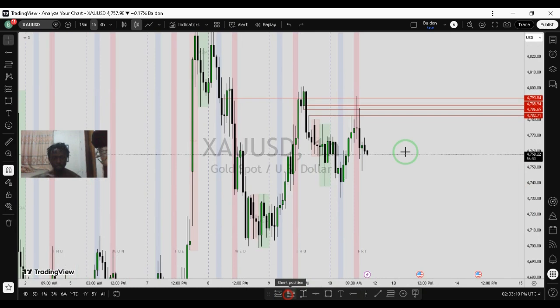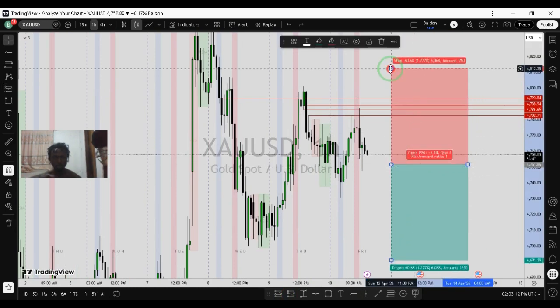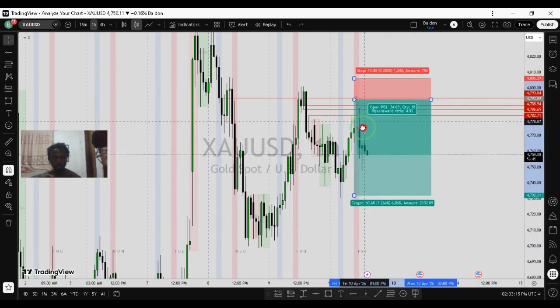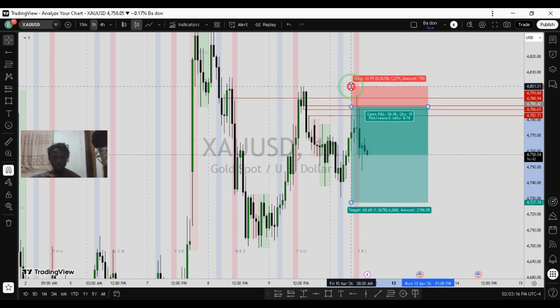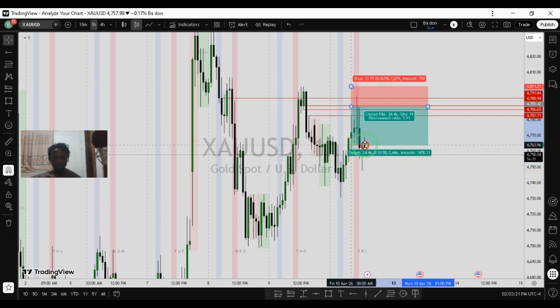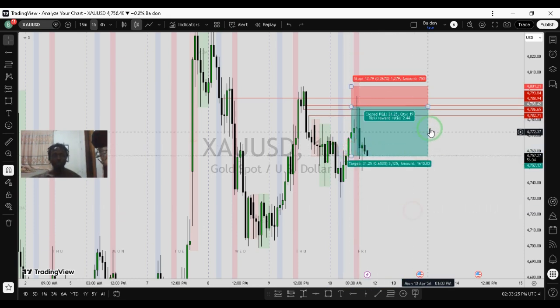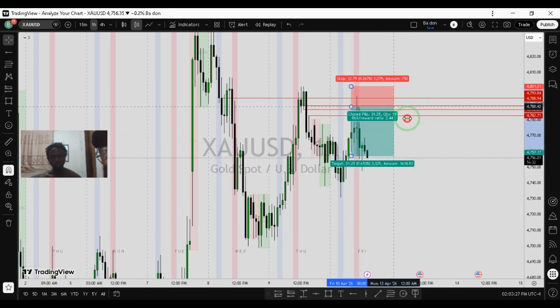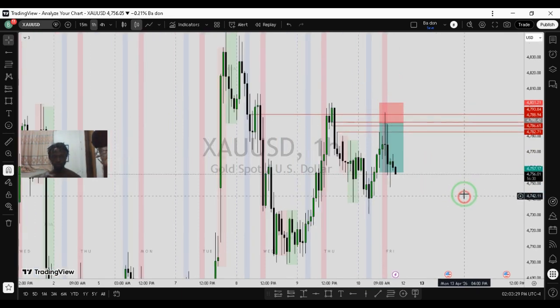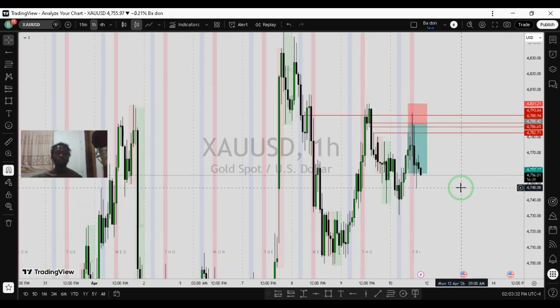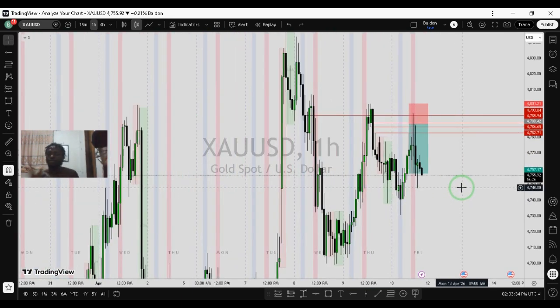So we enter the market from the order block always, and we target our 1:2, and it was a banger. Crazy, right? So you get beautiful setups like this.